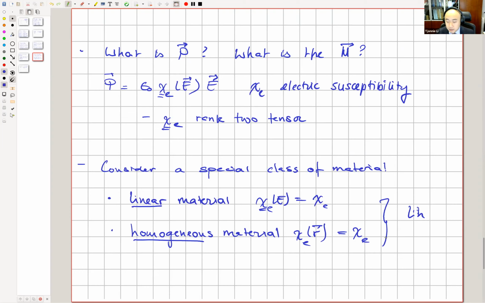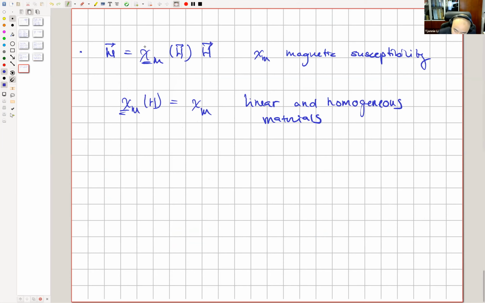So this chi e is simply a constant, in which case it means that P and E are pointing in the same or anti-parallel directions. Similarly, we can write this for chi m. Again, M is in the same direction as the auxiliary field.